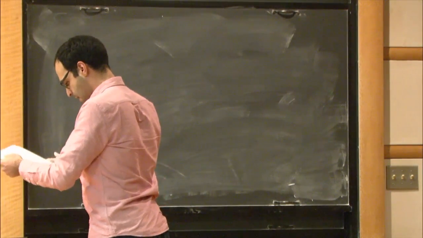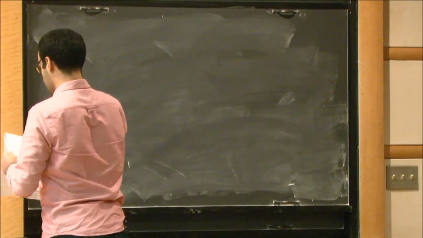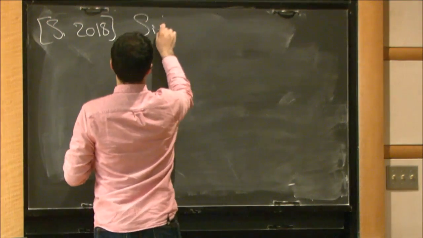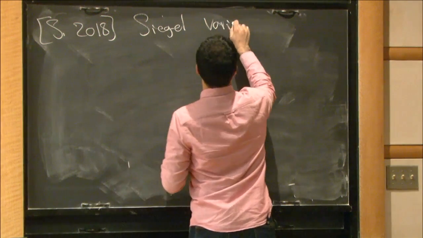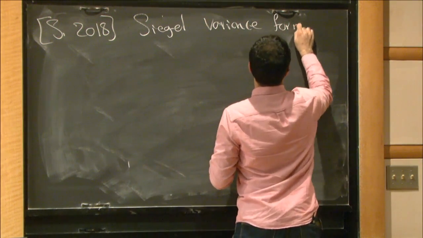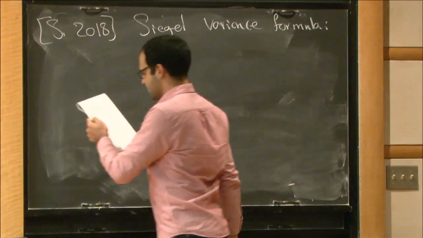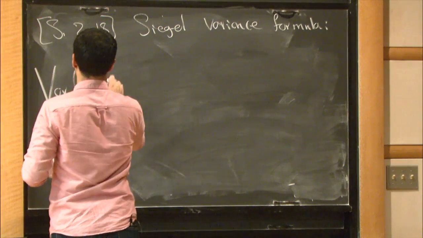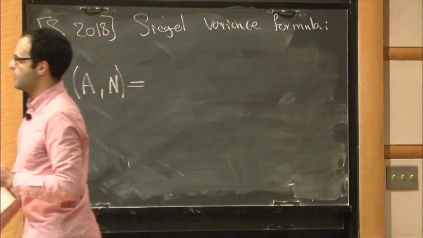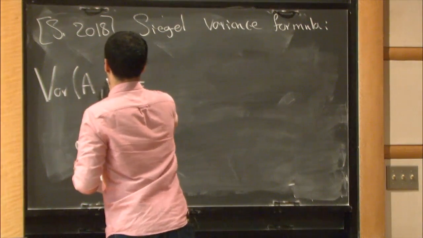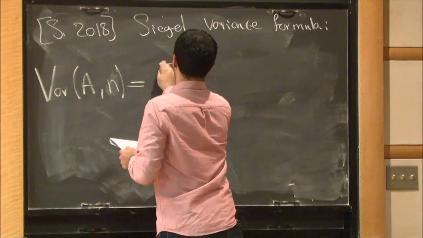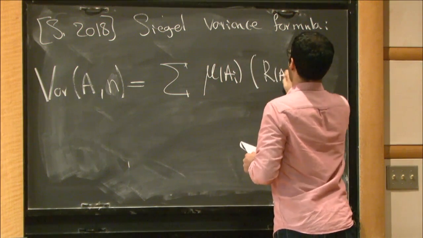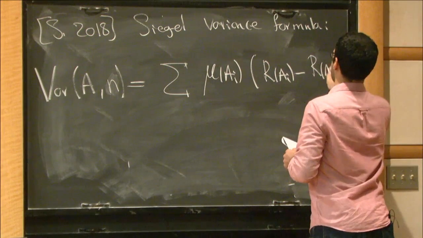Let me state the main formula which I'm going to use. It's the Siegel variance formula. Let's write down the variance of A_N, which is exactly the sum of the representation number minus its mean, squared.